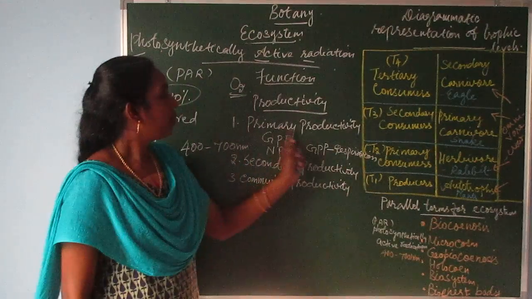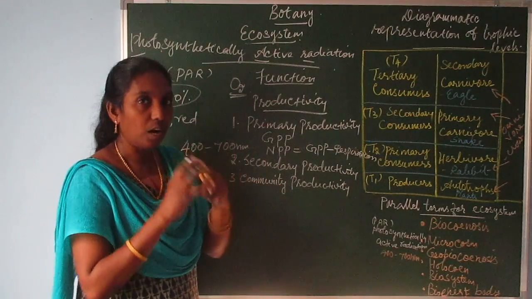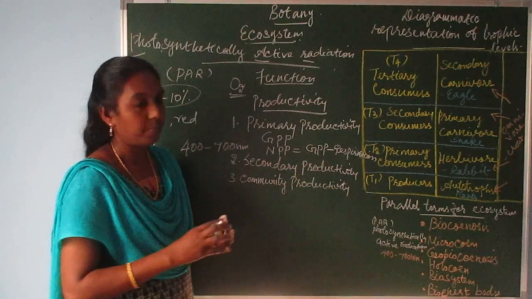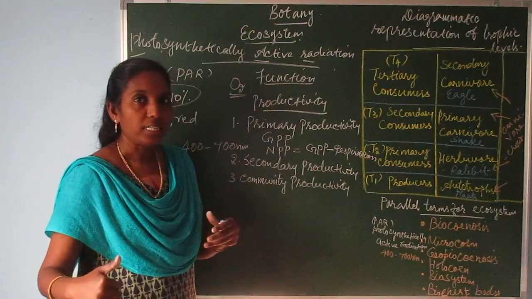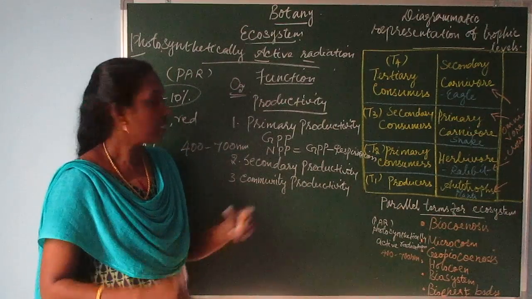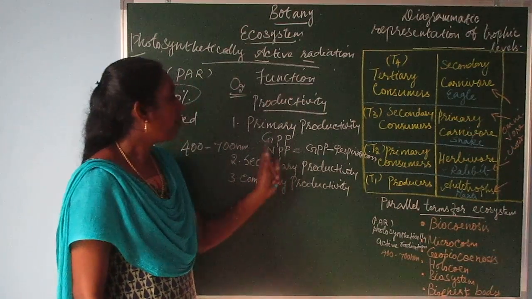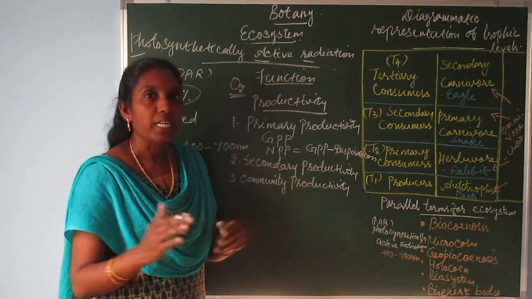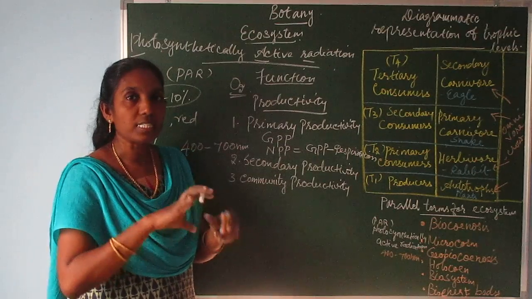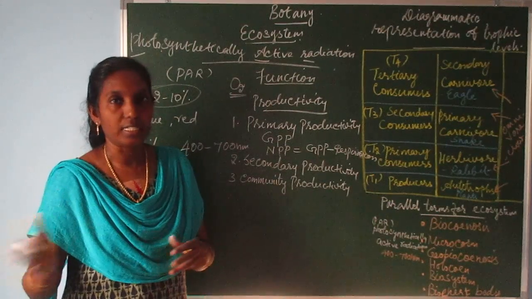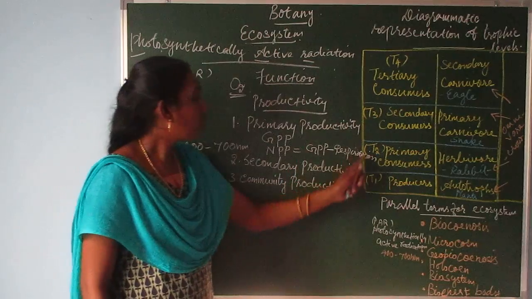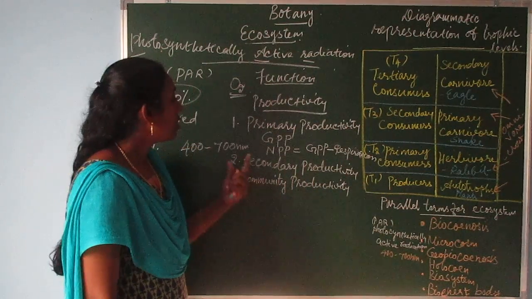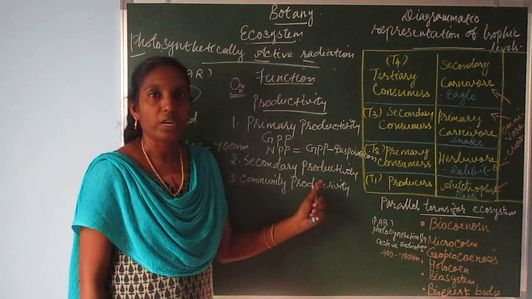Gross productivity is the total amount of energy present in the autotrophs or producers, which can be utilized by living organisms. Net primary productivity is the gross primary productivity minus respiration. During respiration, a certain amount of energy is released and lost. That is called net primary productivity. The second type is secondary productivity.